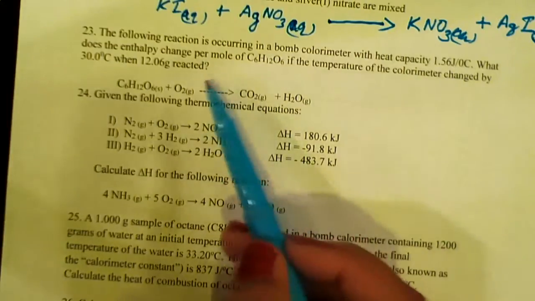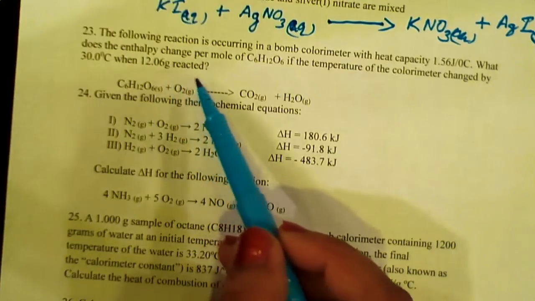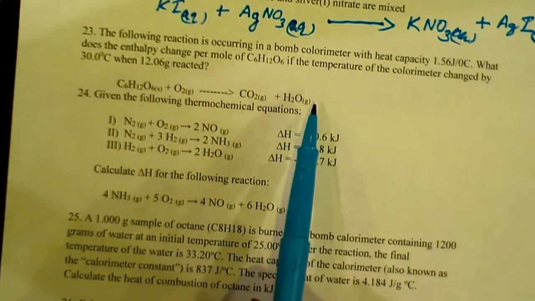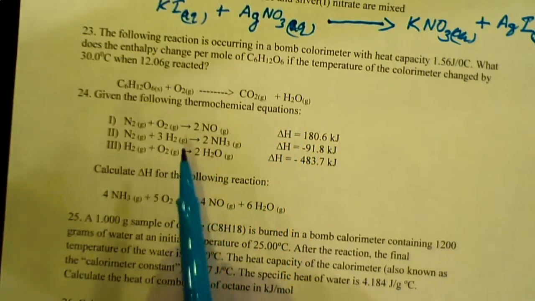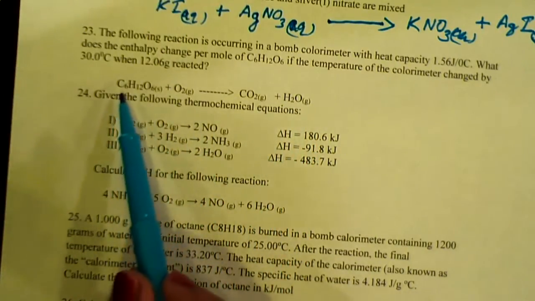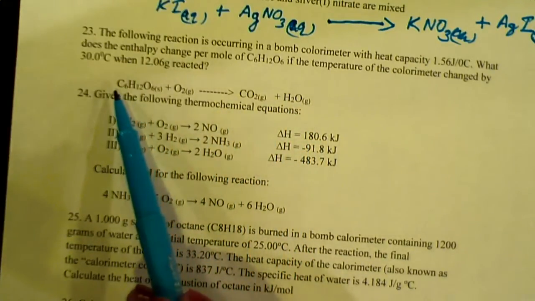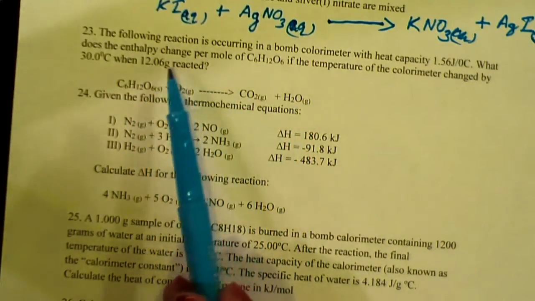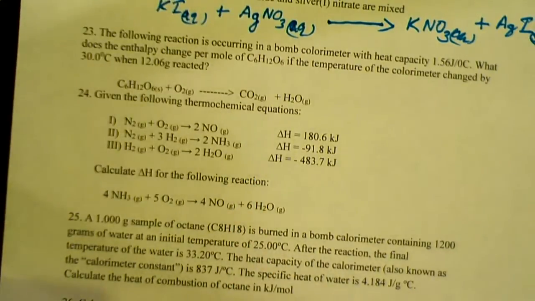So next question: the following reaction is occurring in a bomb calorimeter with heat capacity 1.56 joule per degree Celsius. What is the enthalpy change per mole of C6H12O6 if the temperature of the calorimeter changed by 30 degrees Celsius when 12.0 grams reacted?